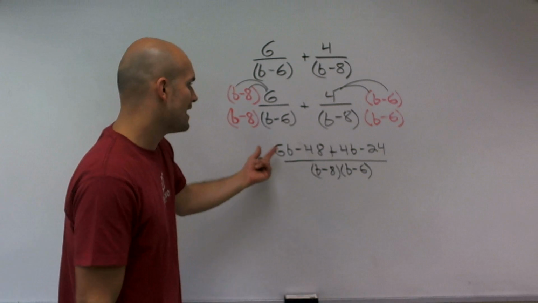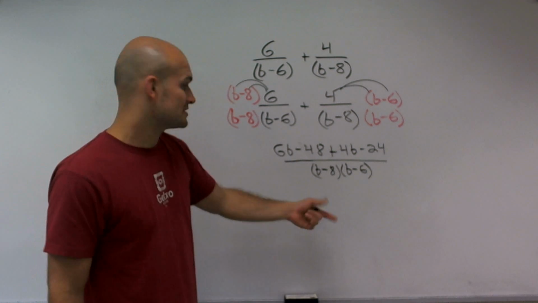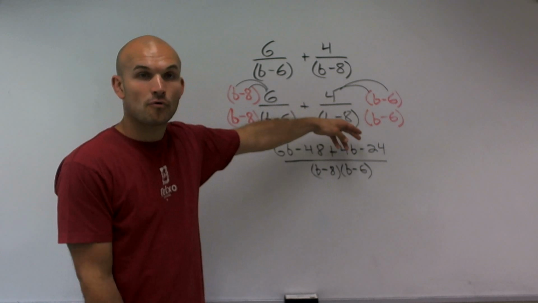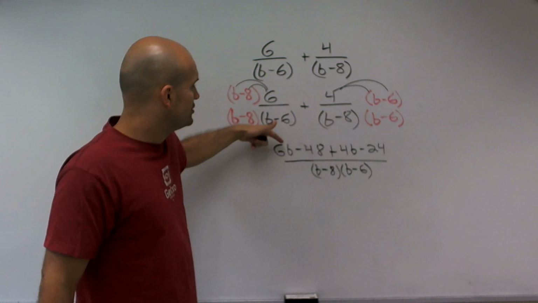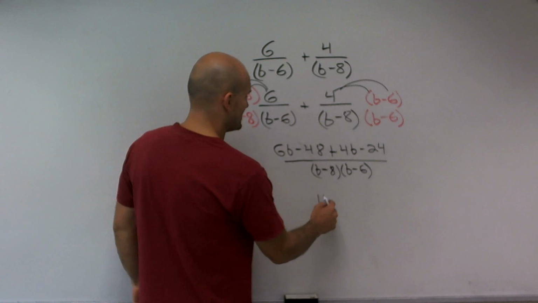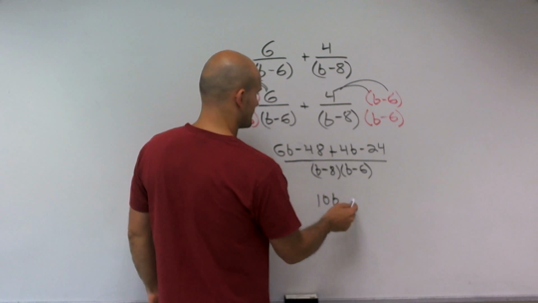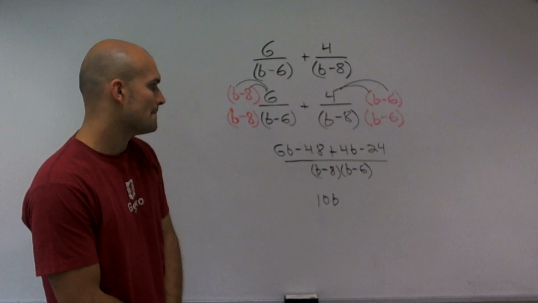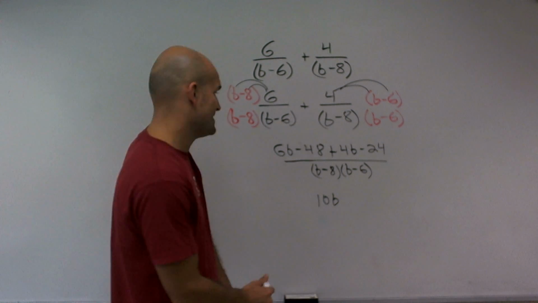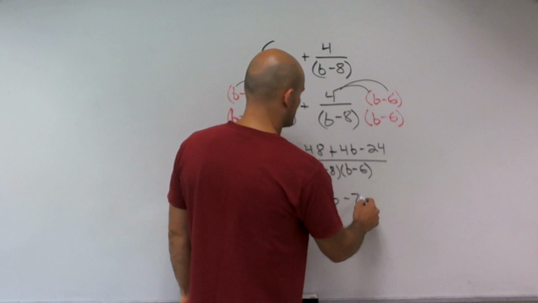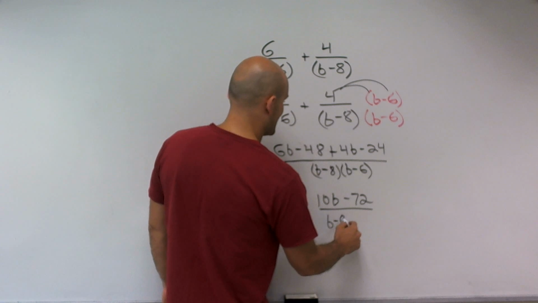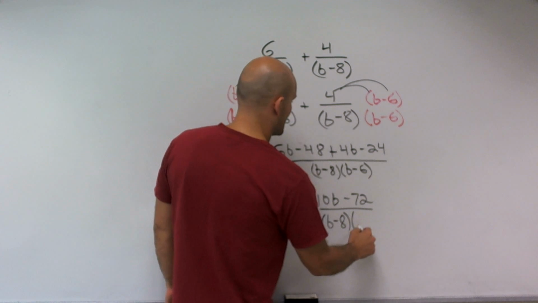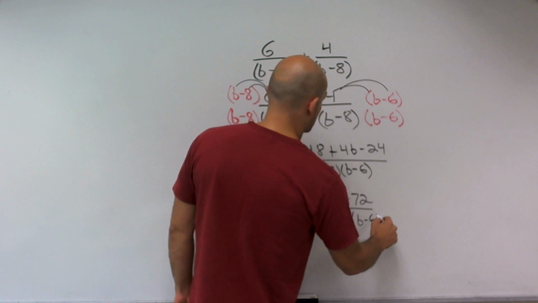Now I look at this and ask, can I combine like terms? Since 6b and 4b have the same variable factor, b, you can combine those to get 10b. Then I do negative 48 minus 24, which is negative 72, all over b minus 8 times b minus 6.